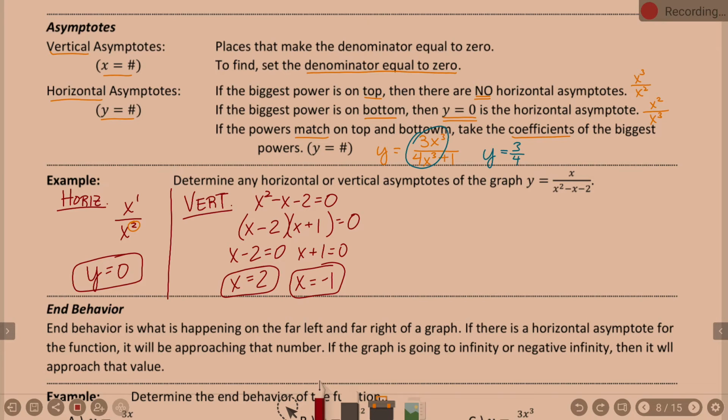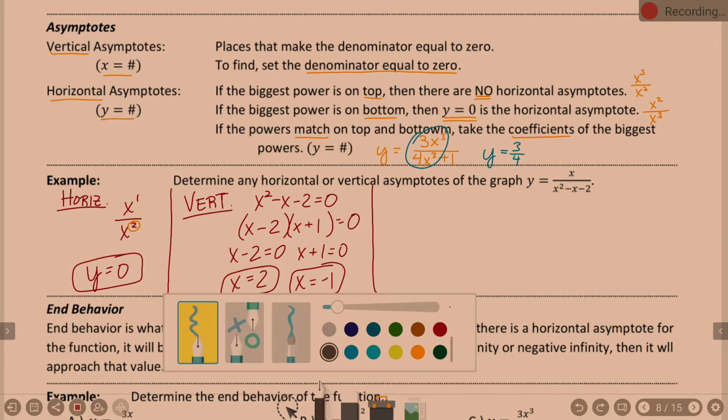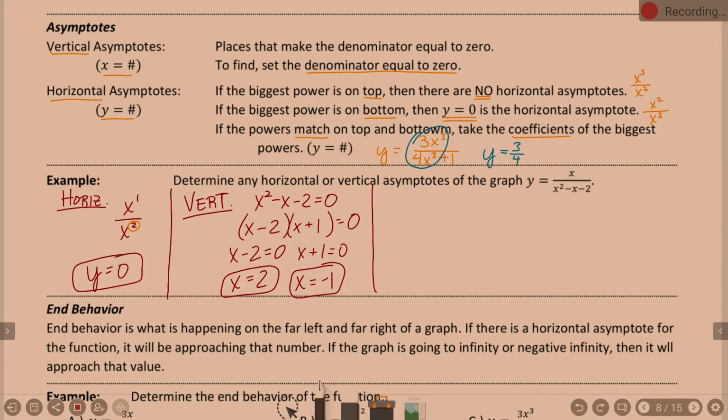Okay. Now, that's all it asks us to do, and that's all officially we have to do. But I want us to look at the graph here. And I'm going to talk about sketching it out by hand, and then we'll check it on the calculator. Okay? Because I want to show you guys what you know here.